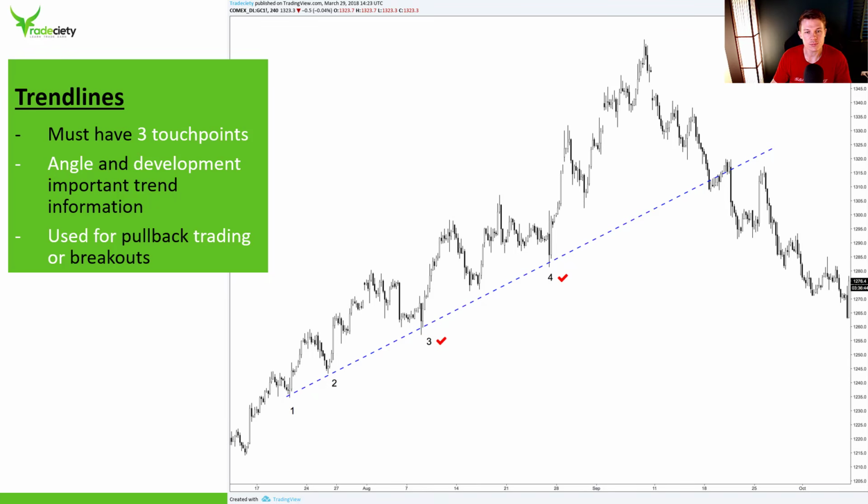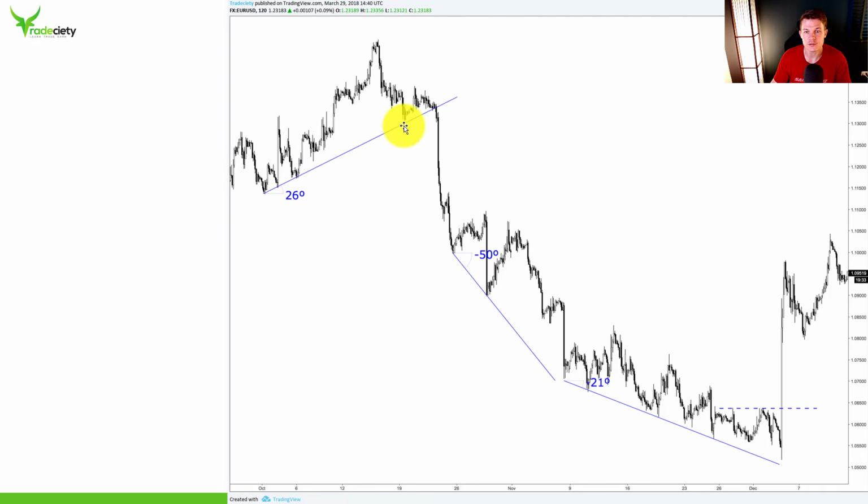And as I've indicated previously, it can be very helpful to use a trend line to understand how strong a trend is, whether it is rising or falling, and whether the strength of a trend is decreasing or increasing. Trend lines will help you tell that with the angle.